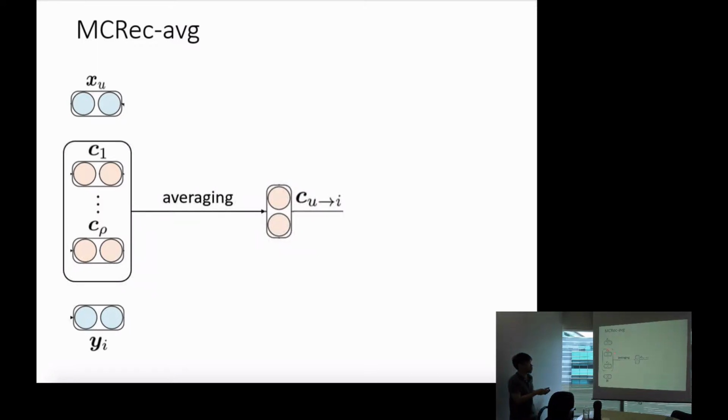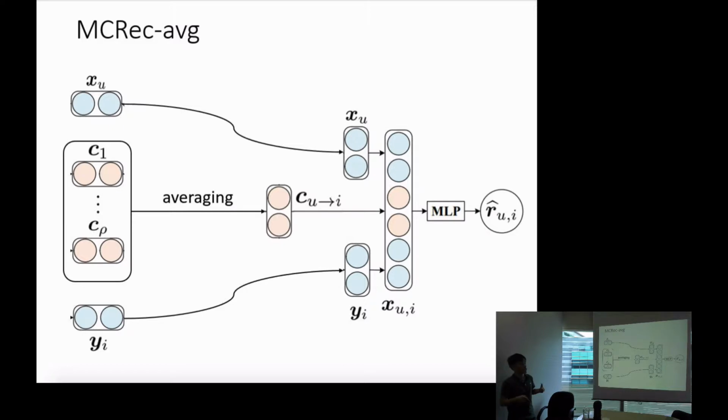We can average over all these embeddings to get one uniform embedding between user and item, which we call CUI here. And from this, we can simply concatenate those three embeddings, and we learn a multilayer perceptron on top of this feature to predict the score. Basically, it's the score of how much user U prefers item I. In the end, what we want is this score for each user to all the items. Then we can rank and give the top-N recommendations.